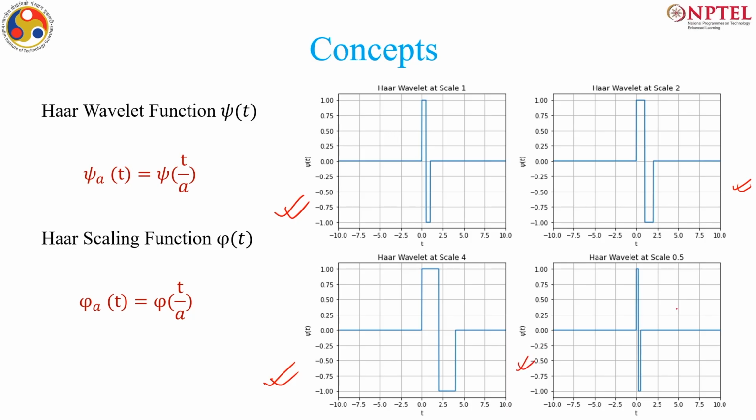So, this is the waveform, and by using different scales and translations, you would be able to analyze any signal, of course with a linear combination, that is each of these wavelets and their shrunken or scaled versions will have some weights, and those are your Haar coefficients.